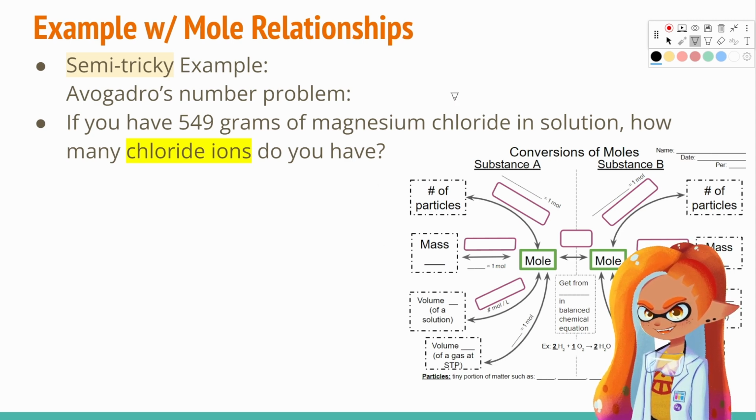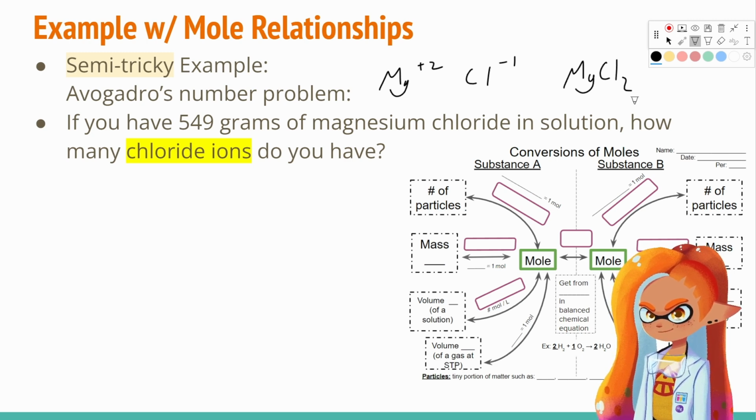Magnesium is +2, chloride's -1. I knew this because I looked at my periodic table and followed the pattern of the charges for those two ions. Because those are the charges, I have to make sure it's balanced. And so the balancing of those charges is MgCl2.